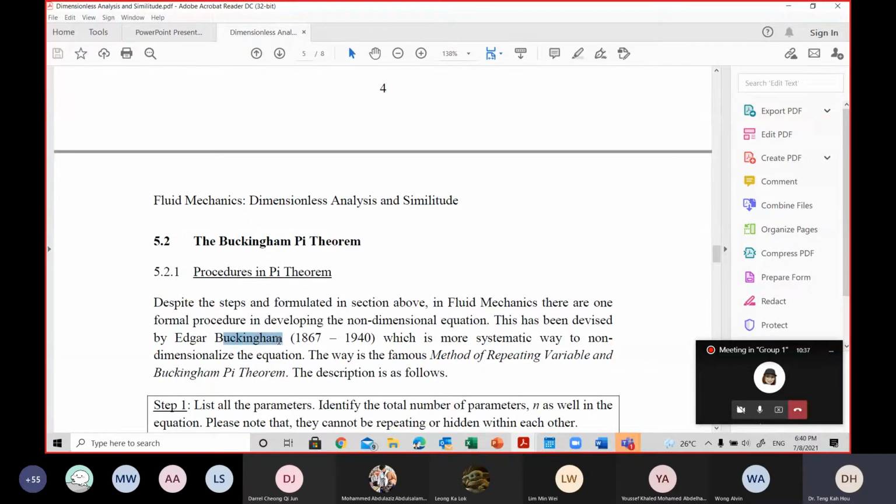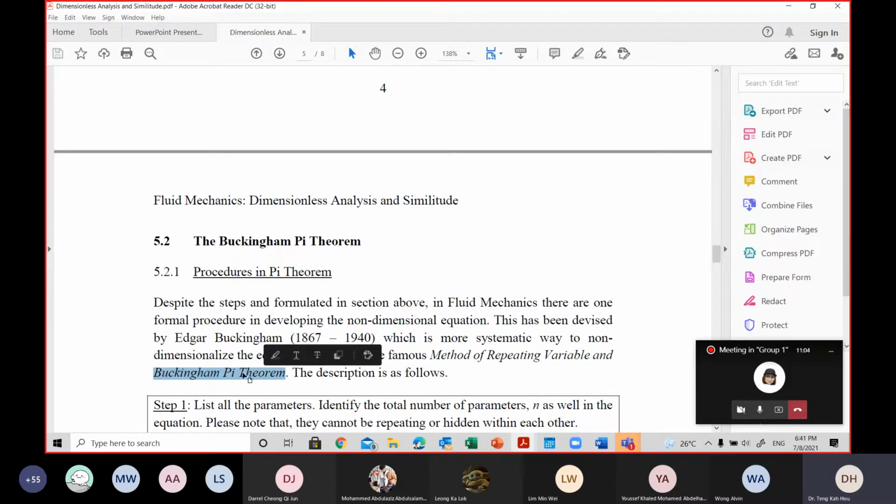Buckingham realized that for all the engineering problems, it will be much easier to formulate them if you are using non-dimensional equations. That's why they came up with these methods, the method of repeating variables, or we call it the Buckingham pi theorem. So this is the reason they came in.